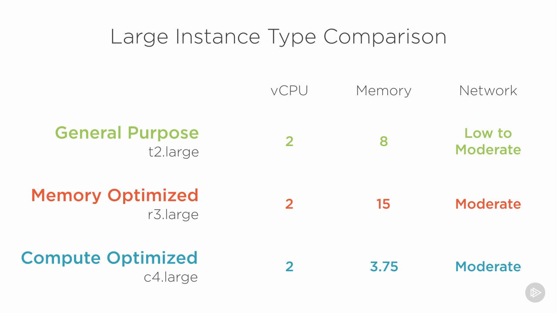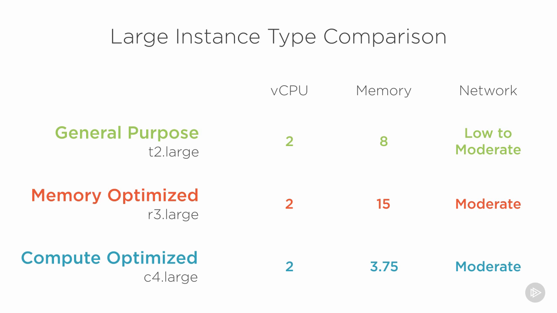On the other hand, the compute optimized instance provides the same number of CPUs as the general, but cuts the memory in half. You might think that makes compute optimized the lesser of these, but with a difference in features comes a difference in price, and the compute optimized family instances are the cheapest of them all. As you can imagine, increasing the type from large to extra large or down to medium will give you more or less of each feature at an equivalent ratio.